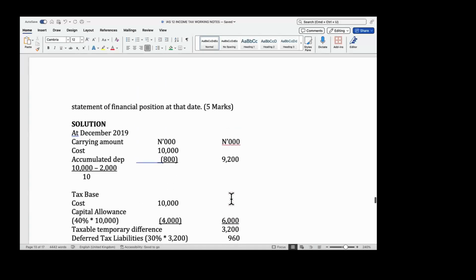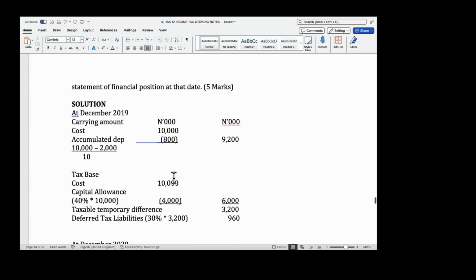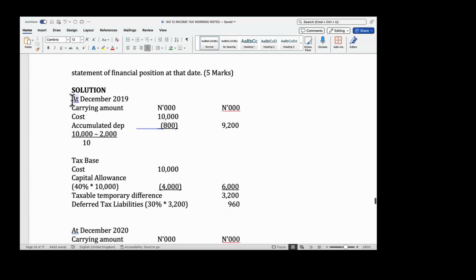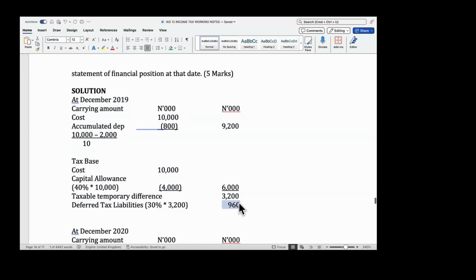And I hope you know that if this question had been that we should calculate the deferred tax balance and the deferred tax charge for 2019, you would have just done this year alone, which means that it's this 960 that will go to P&L and also to the statement of financial position.